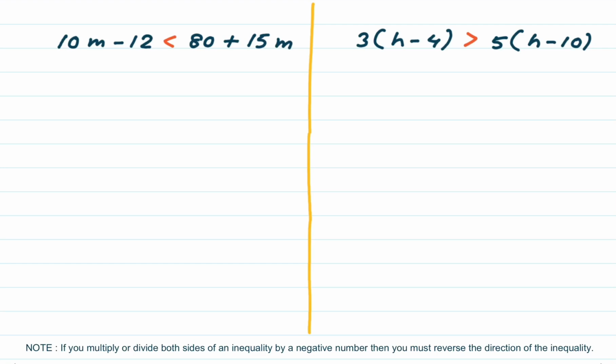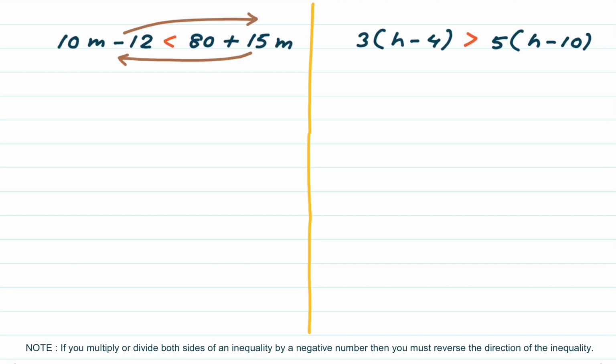In this question, we have to keep all the m terms, or the terms with the variable m, on one side of the inequality, and the numbers or constants on the other side of the inequality. So we take the negative 12 to the other side and positive 15m to the left side.